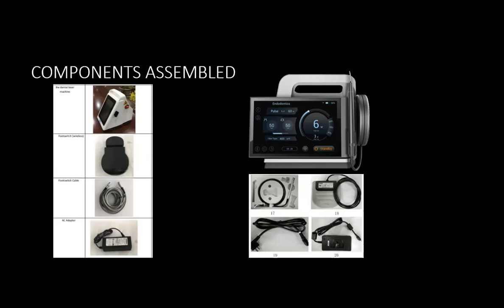Whenever you buy a diode laser, be it any company, I don't want to name companies in my lecture though, it will have a LED screen, which is going to be the main part of the diode laser. Using this touchscreen display, you can change the settings on the diode laser and use it to your convenience.